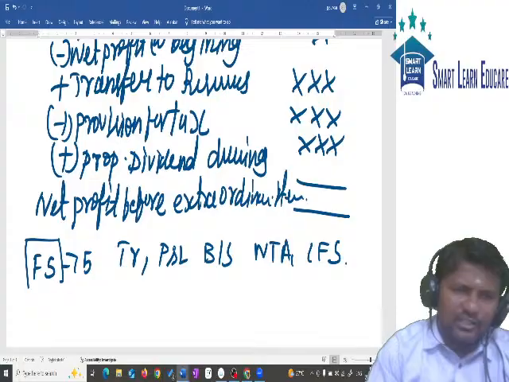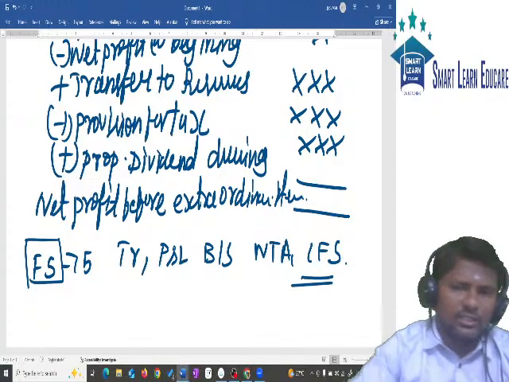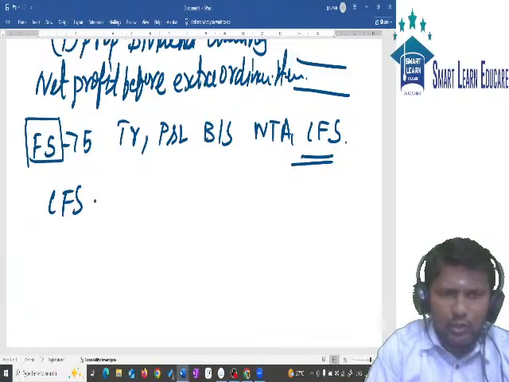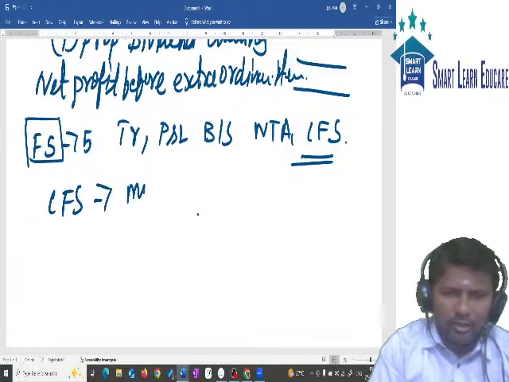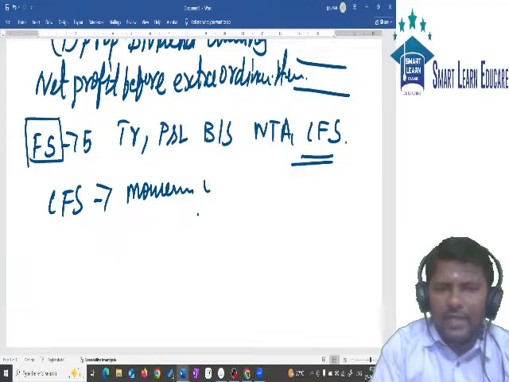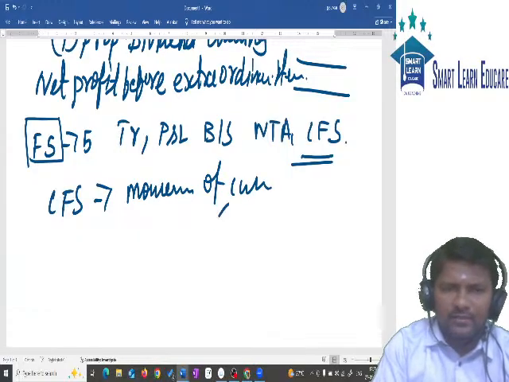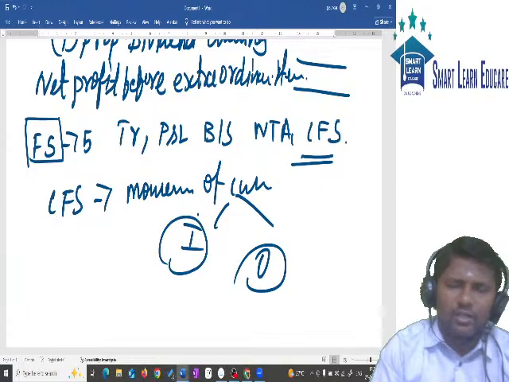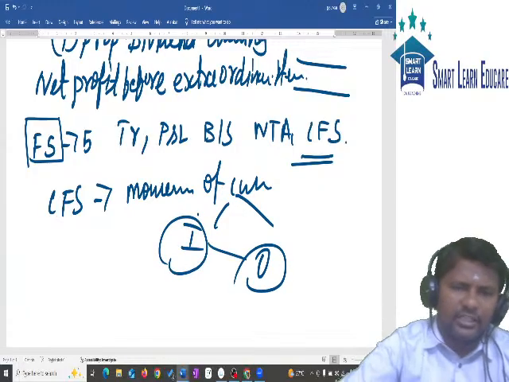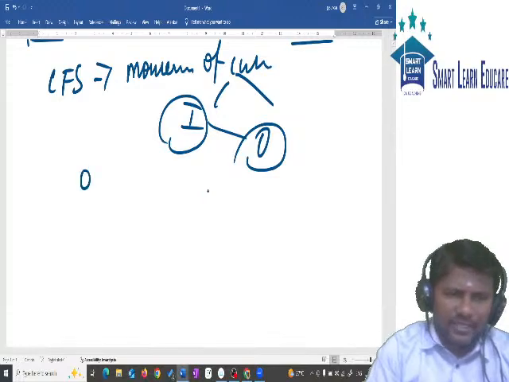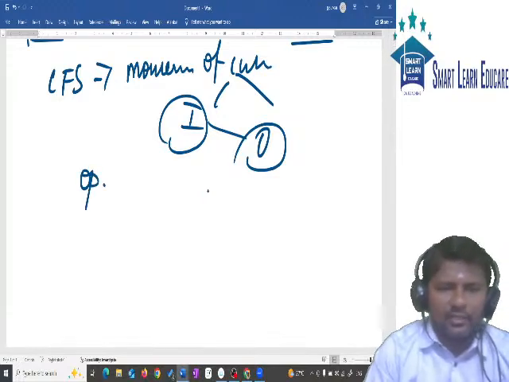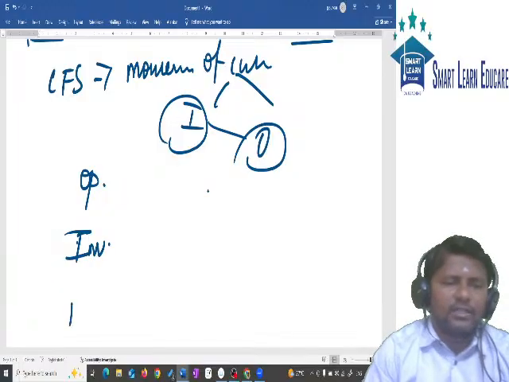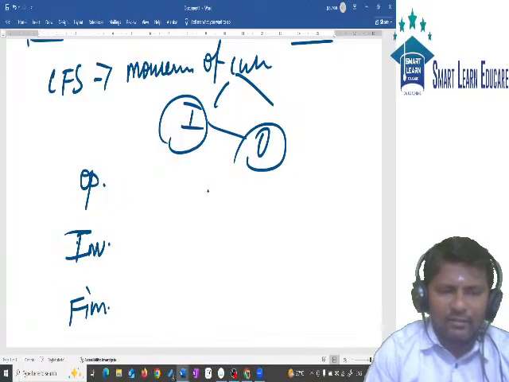The cash flow statement tells you the movement of cash inflow as well as cash outflow, for three activities: first operating activity, second investing activity, third financing activity.